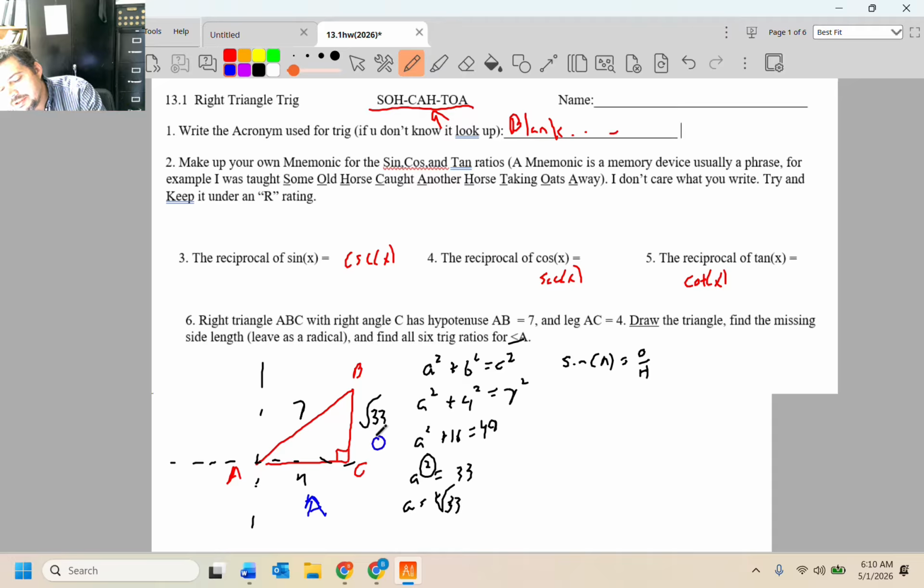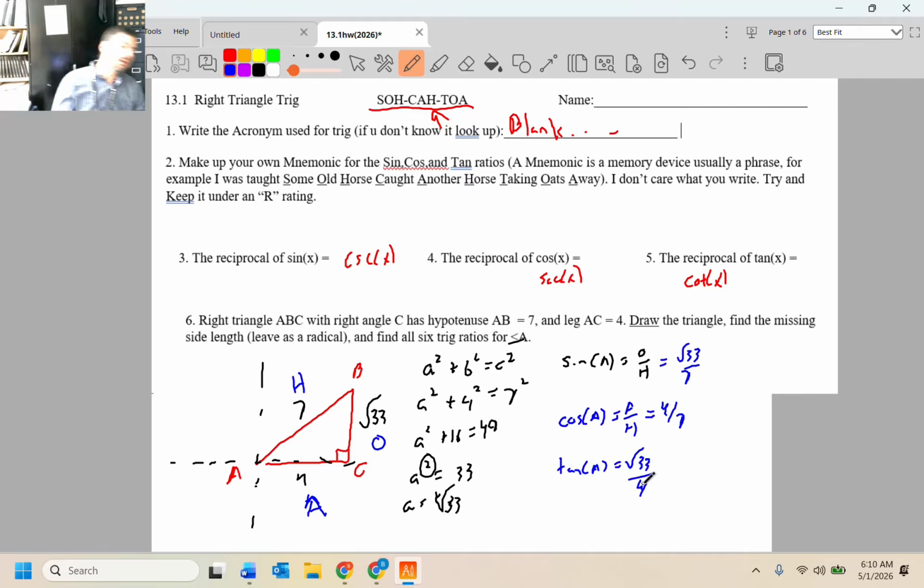Root 33 is the opposite side, and 7 is the hypotenuse because it is opposite the right angle. So sine is root 33 over 7. The cosine of angle A is adjacent over hypotenuse, 4 over 7. The tangent of angle A is opposite over adjacent, root 33 over 4.